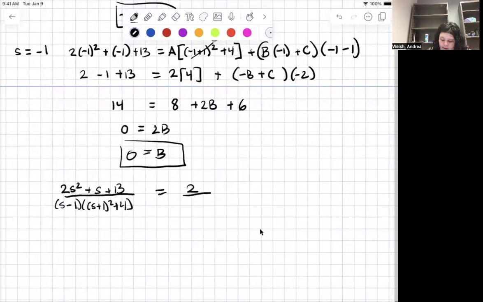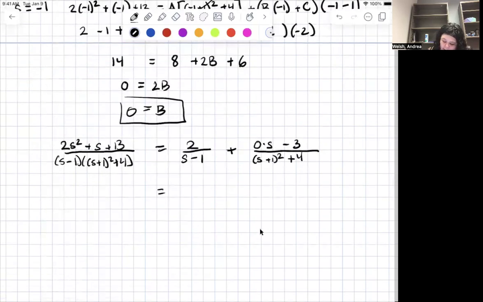So plugging things back in, this was our A over S minus 1, and then we had plus B, which was 0, 0 times S, minus 3 over that large term we had, S plus 1 squared plus 4.